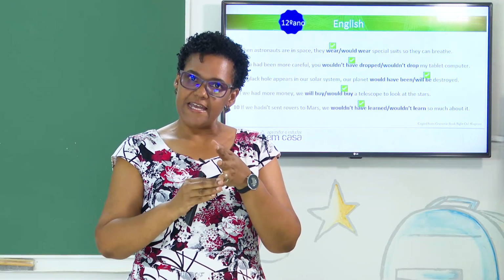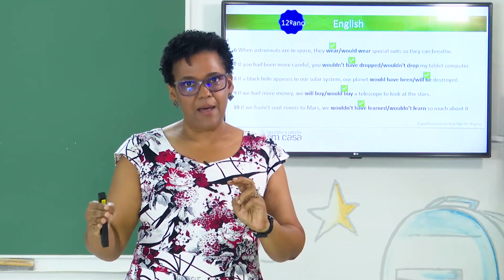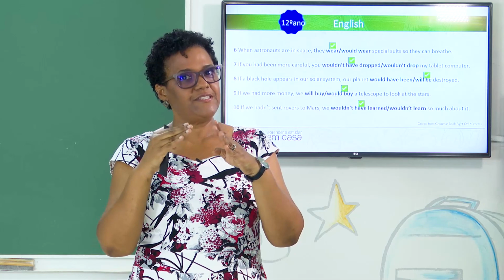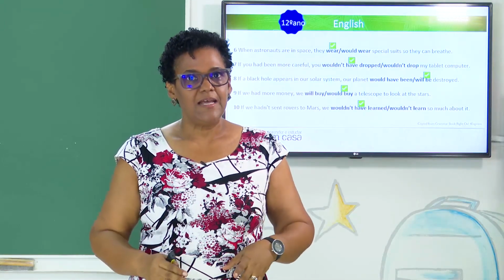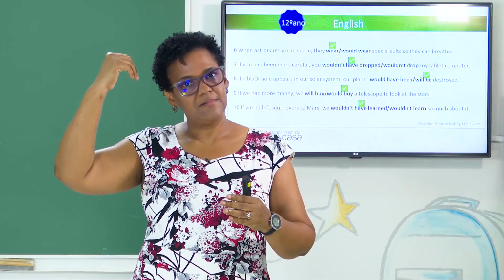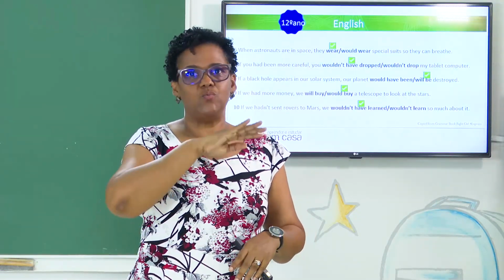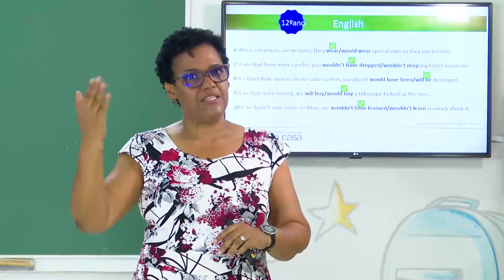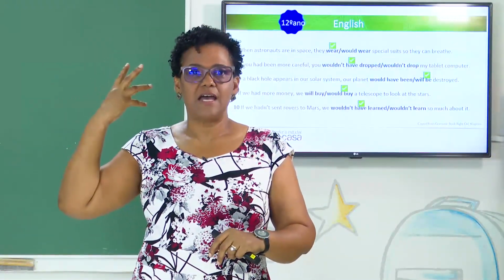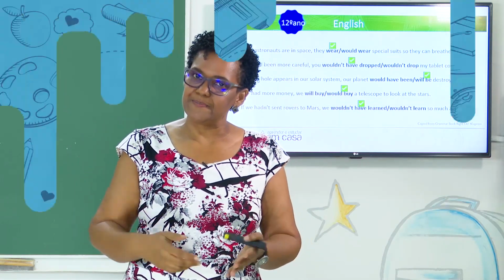We have first, that is probably what's going to happen. We have second conditional, where we are imagining. And we have the third conditional that will never happen because we didn't have the hypothesis in the past, and the past is the past.